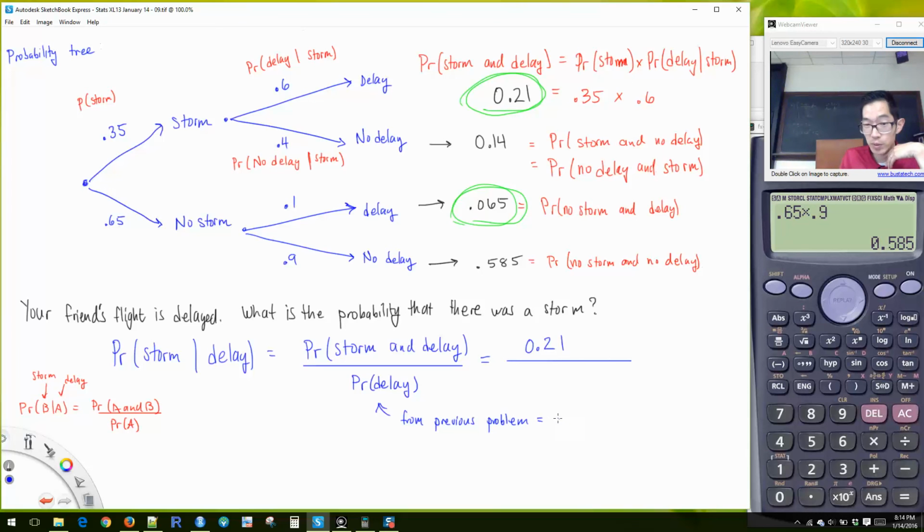We found this was equal to 0.21 plus 0.065, which was 0.275. So on the bottom, the probability of a delay is 0.275.